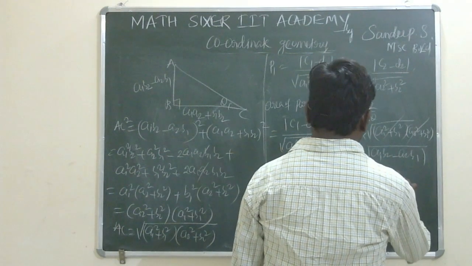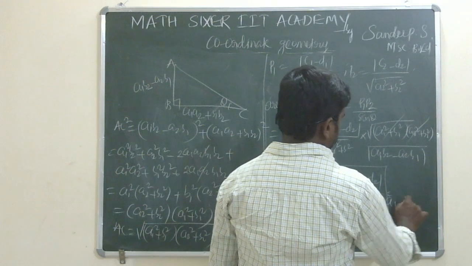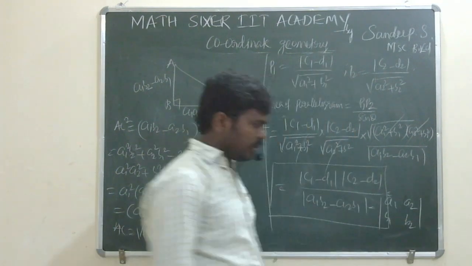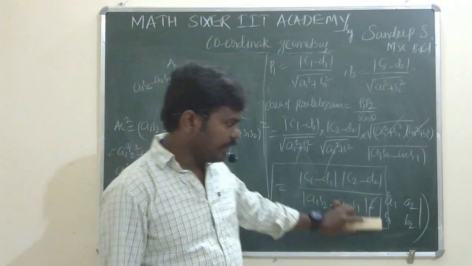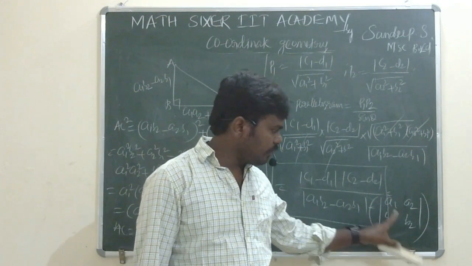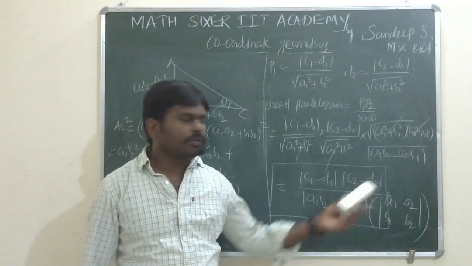The numerator has no change, but the denominator we can write as the modulus of the determinant with rows A1 B1 and A2 B2. In place of this we can write this. When you apply the modulus, you will get A1 B2 minus A2 B1. So you can use this to remember the formula easily.